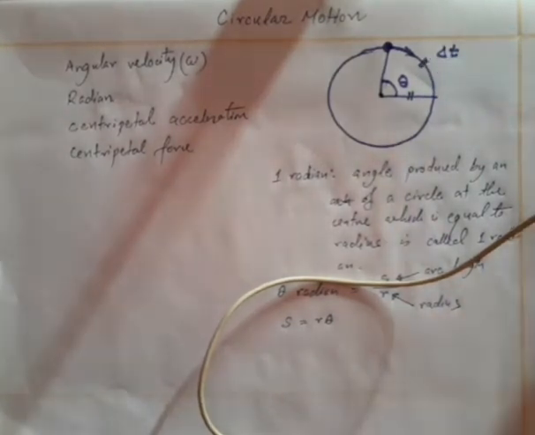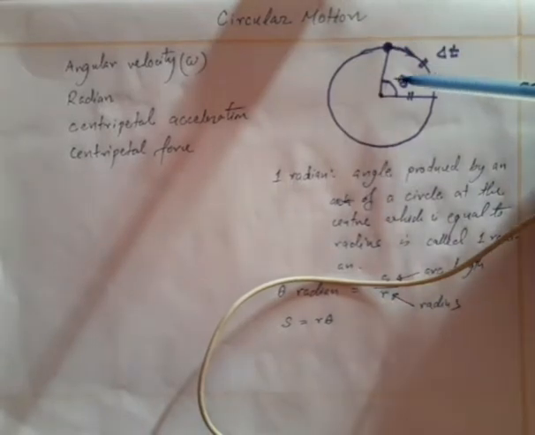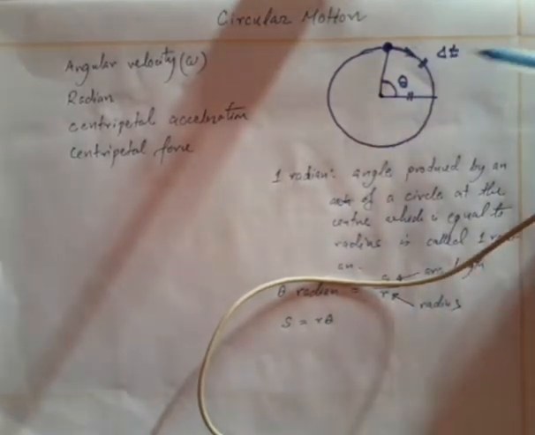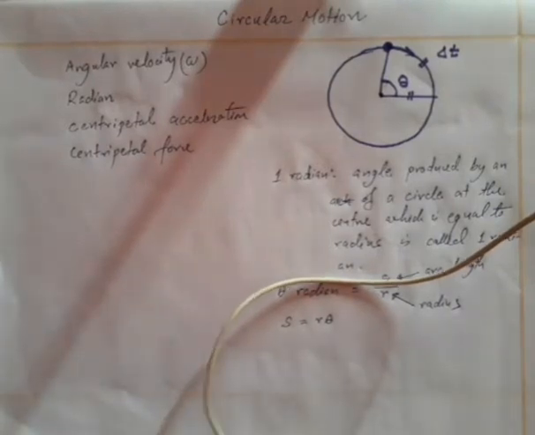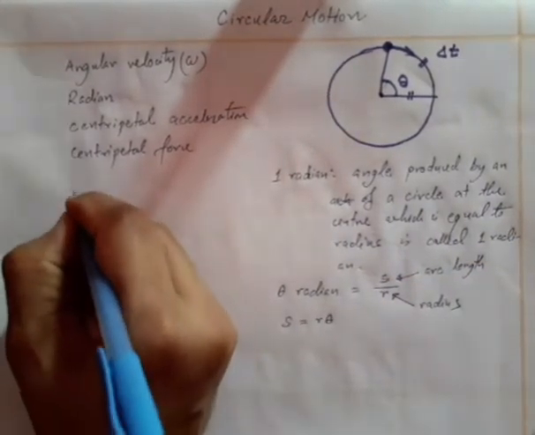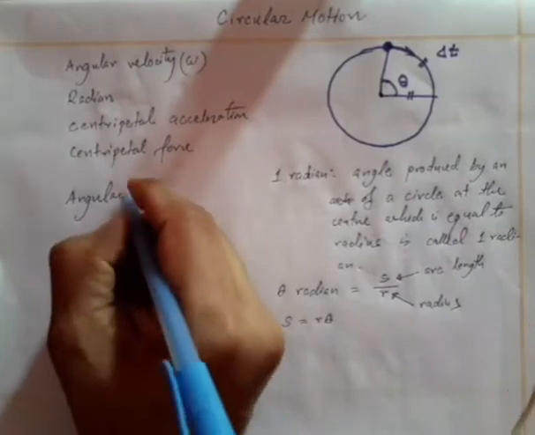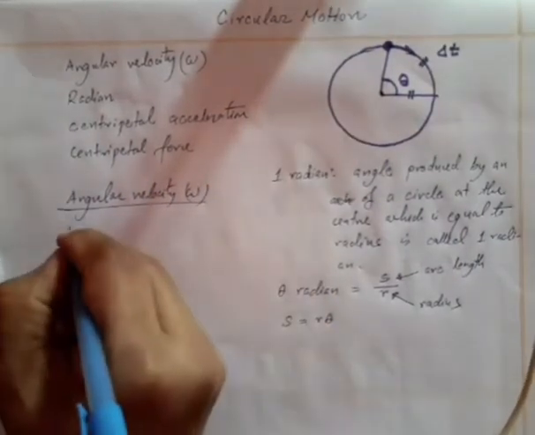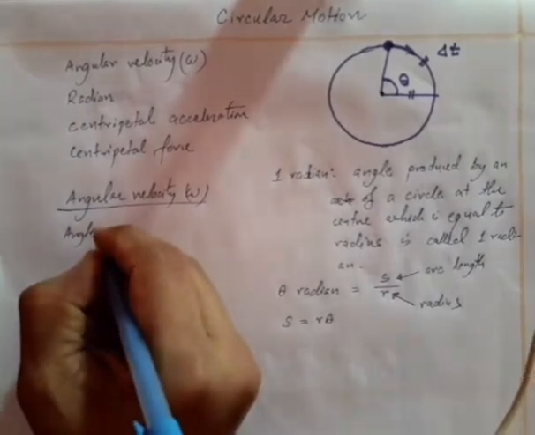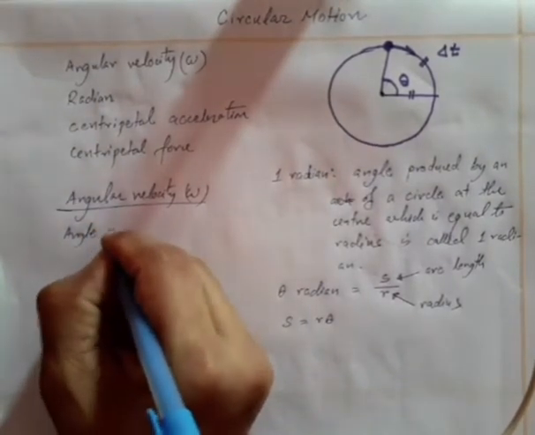Now we are going to explain angular velocity. Angular velocity is simple, very simple. This is just angle produced per unit time. So we are writing what is angular velocity. The symbol is w, small letter w, and it is pronounced as omega.